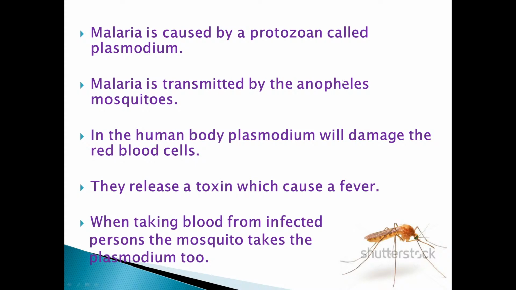In the human body, plasmodium will damage the red blood cell. So right away, I can ask some persons to tell me how the human body is affected by malaria. So once you're infected with malaria, one of the human body systems that this sickness will affect is definitely your red blood cell, or the circulatory system.